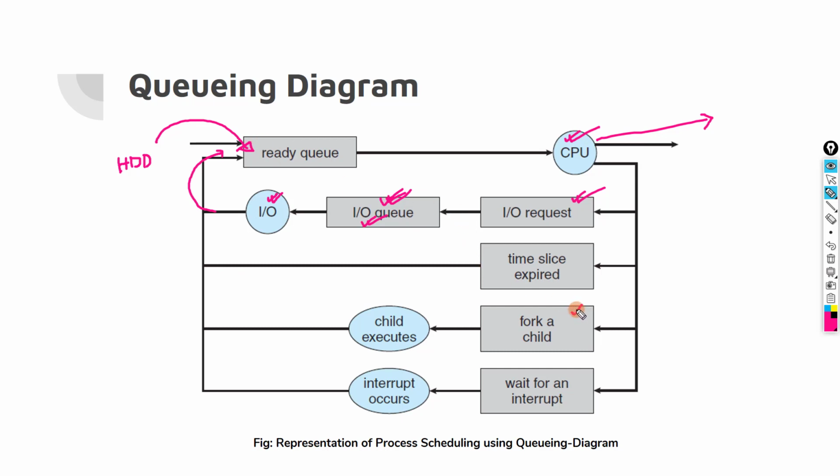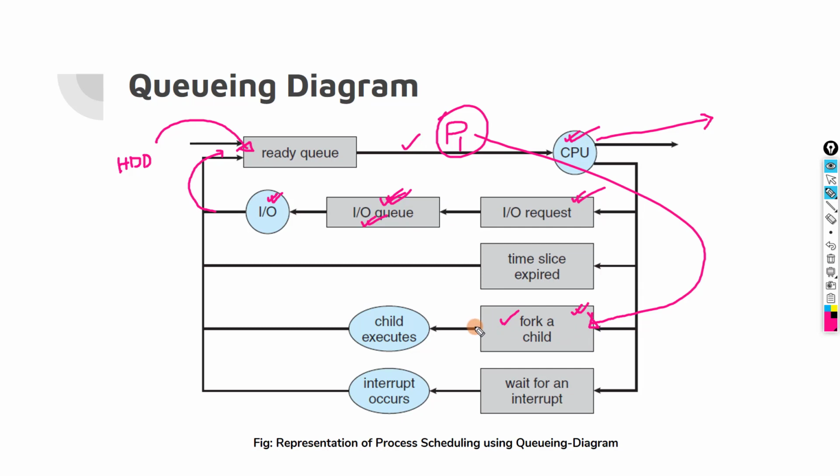Another scenario is that the process itself may create a child process of its own. Forking a child in a Unix system means creating a new process, a child process of this one. So when a process P1 creates a child, it goes out of the CPU and waits.